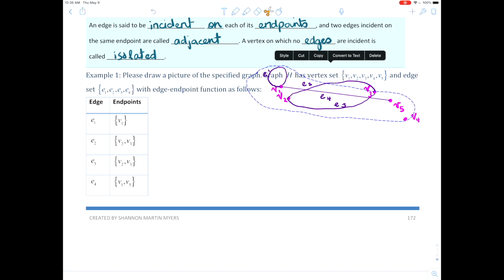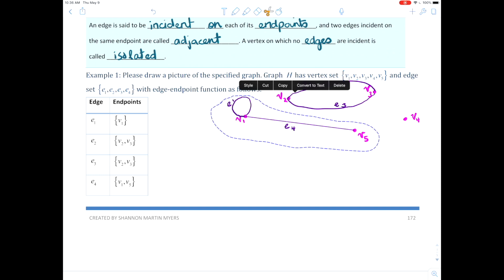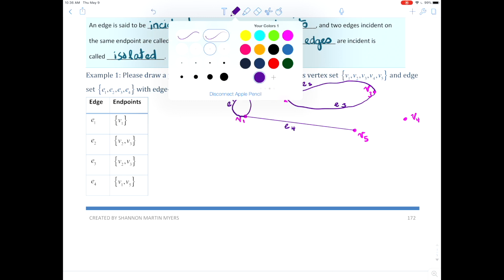But notice that there are no vertices on those parts of E2 and E3 that edge E4 seems to intersect. So I'll move it back, but you could redraw this graph like that, and it would still be considered not connected. All right, so anyway, just a few observations, a few notes, if you will.